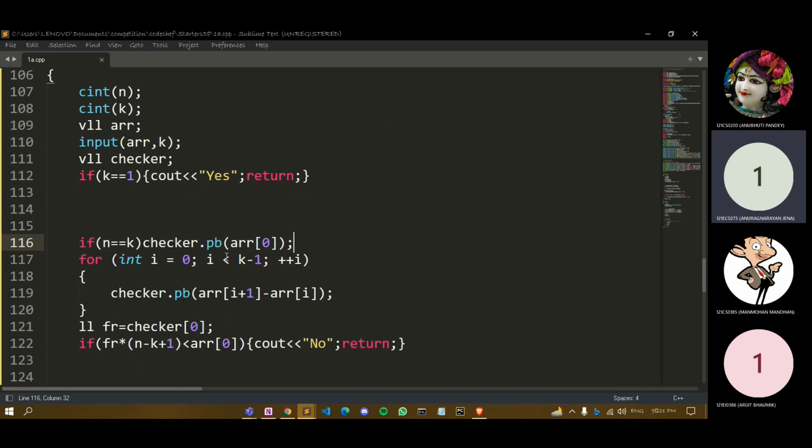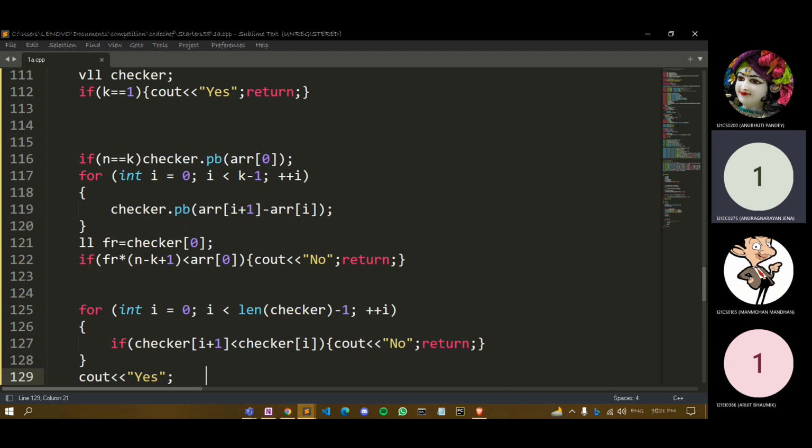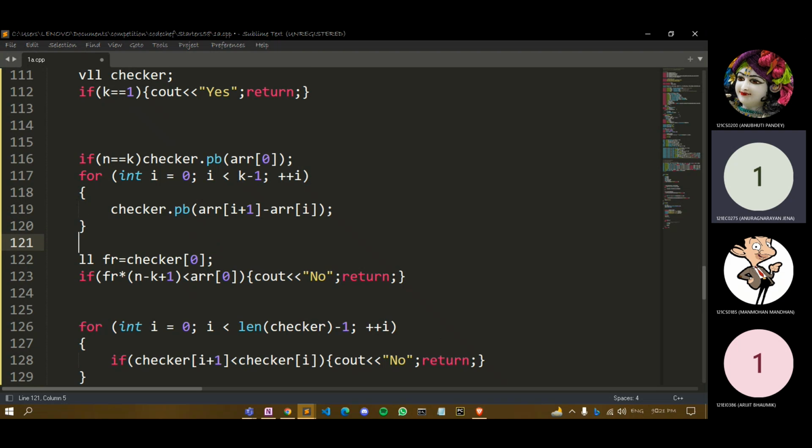Okay, so you will form the array: you will push back the first term into the main array. Then you will push the other elements by subtracting, as I told, the i plus 1th term minus the ith term. Then these two lines are for checking whether the first term is possible or not.